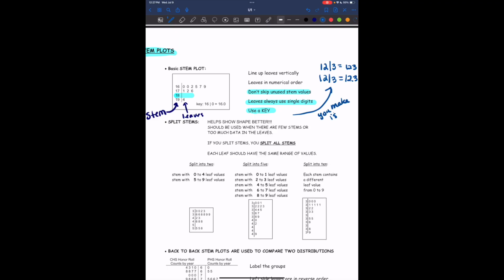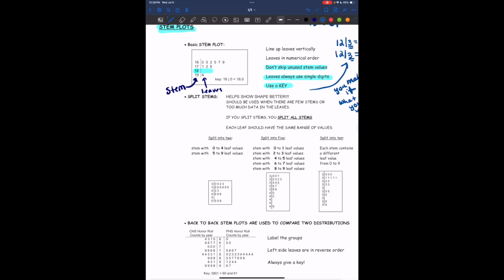You make it what you want. But you can only have one number behind here. So if you were working with a really large number, that would be like 1,256.2 or something like that. You get kind of creative with the keys.